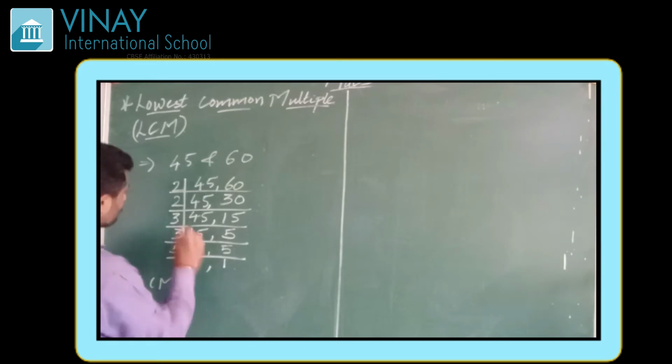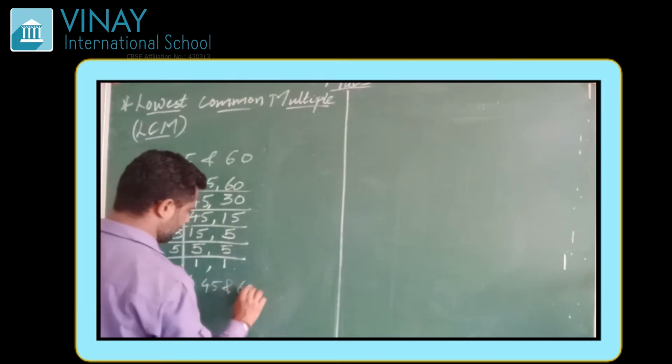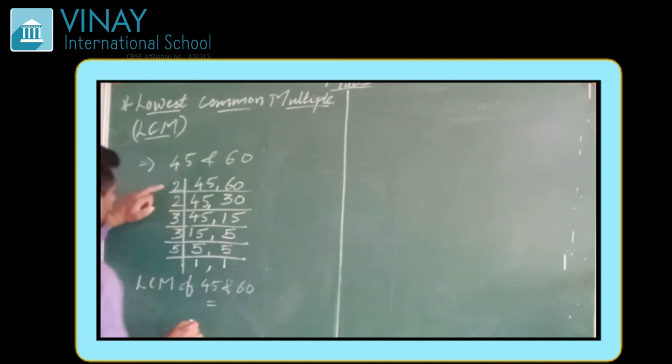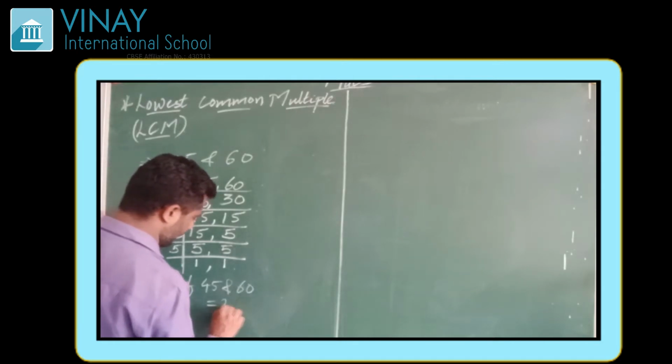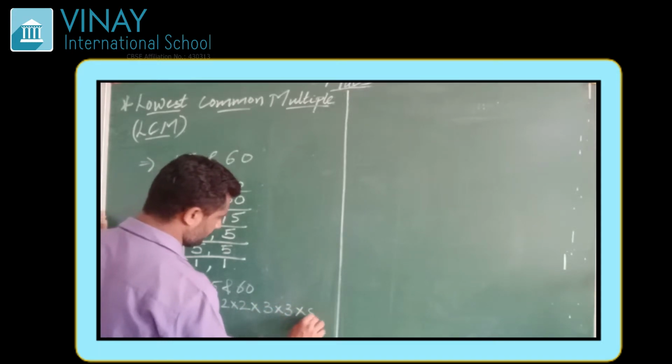Now, LCM of 45 and 60 is equal to, we have to multiply all these factors: 2 into 2 into 3 into 3 into 5.